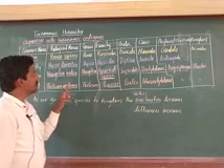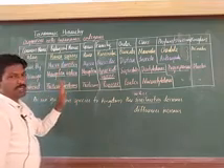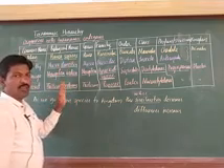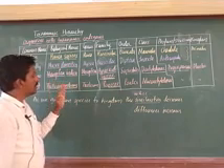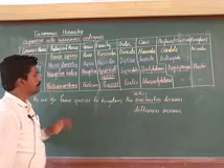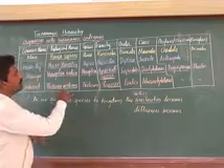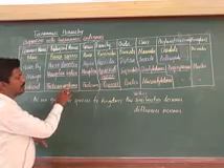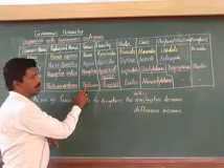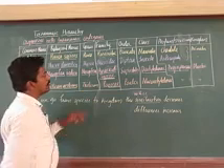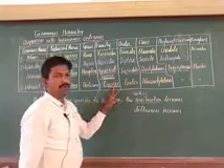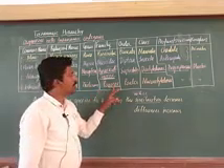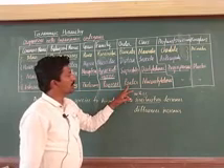Species we will not refer to separately; we should write the species name with the genus only. That's why I have not taken species here. So species is aestivum and genus is Triticum. Understood? Next, the family is Poaceae. What do you call? Poaceae. Next, Poales.